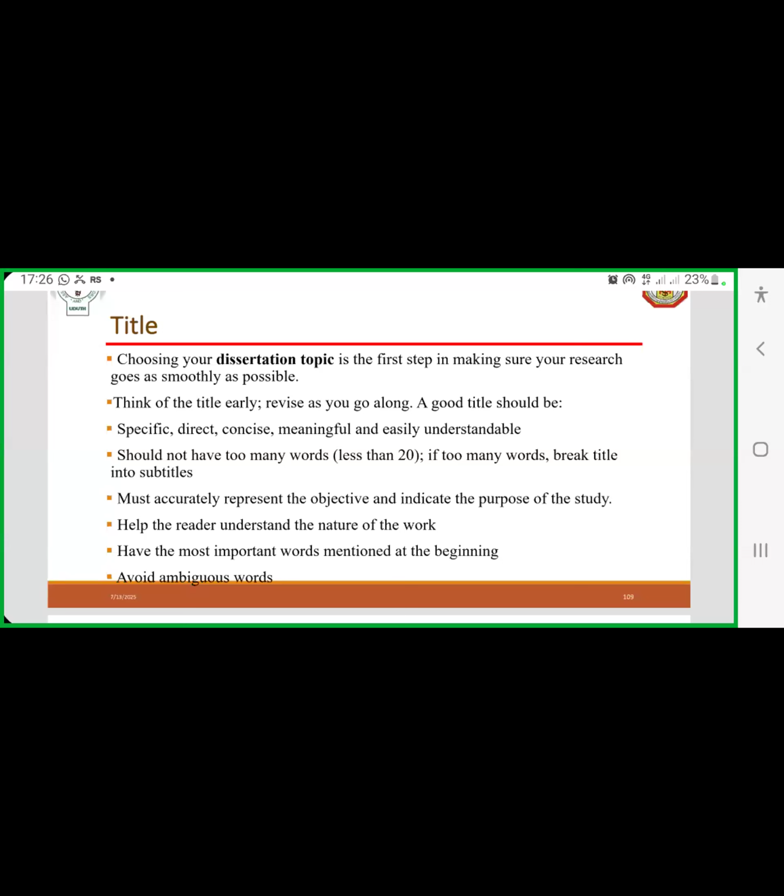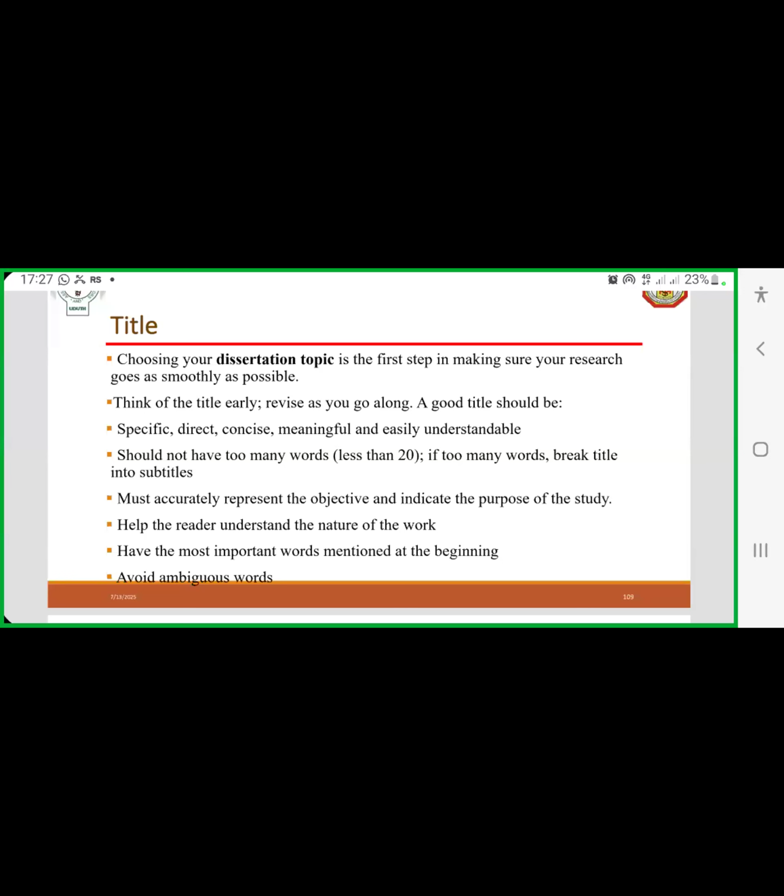It should have the most important words mentioned at the beginning of the title. For example, if you want to study knowledge, attitude, and practice, the most important among them should come first. If you think knowledge is the most important, then you start with knowledge, then attitude, then practice.